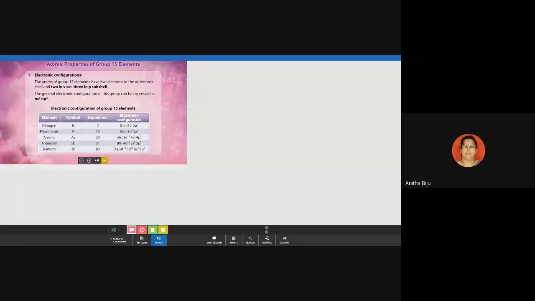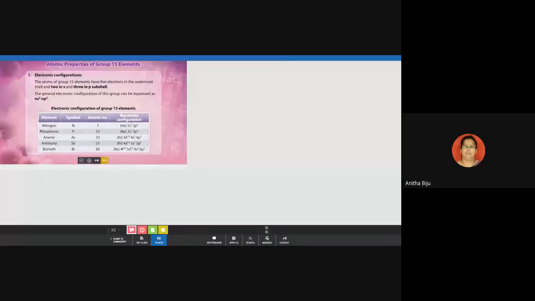First of all, you can see that ns2 means completely filled. Second, np3 is half filled. So because of this configuration, it has extra stability, a point to be noted. One outermost shell is there, and it is half filled, and one subshell is completely filled.